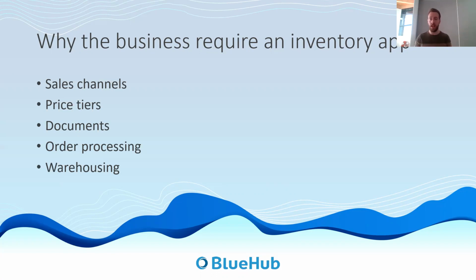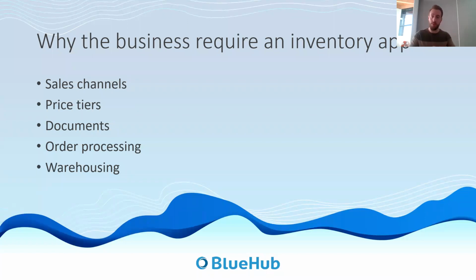I think our largest client has over 35 different sales channels integrated with their Sin7 account. They're managing different price tiers, not just set price tiers, but also customer specific pricing and discount, quantity-based discount deals. They're real common requirements.